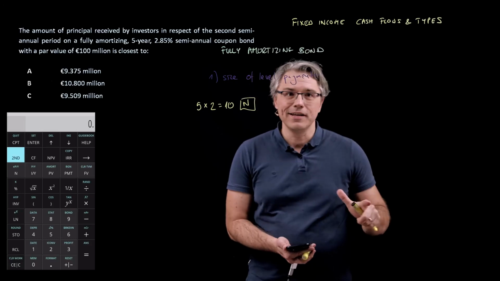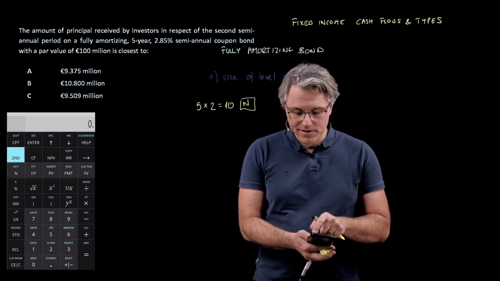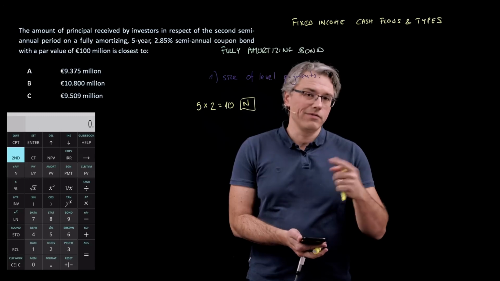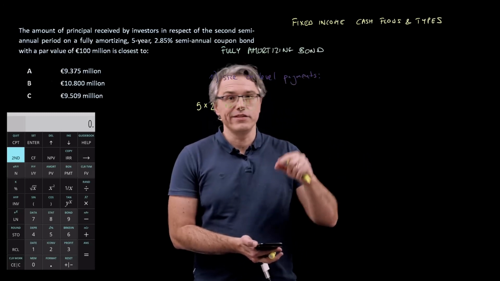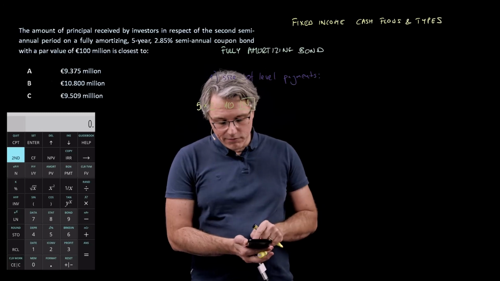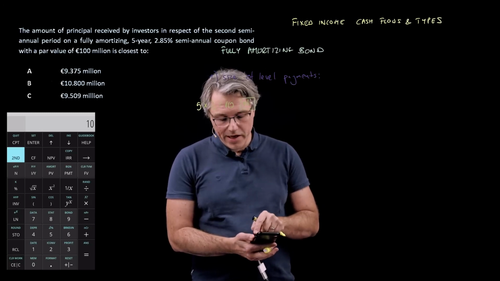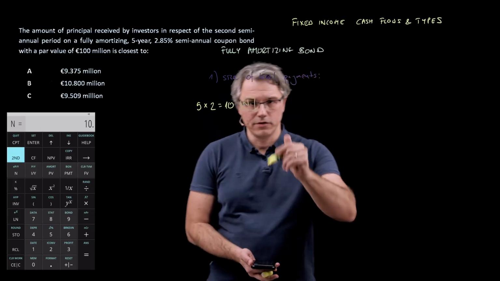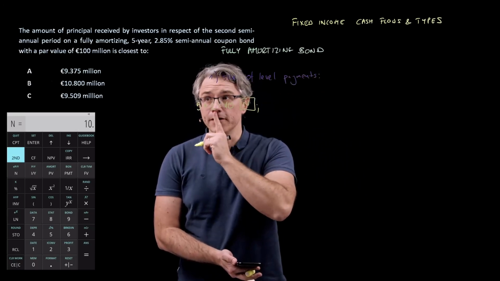That's always good practice. So press second followed by the FV key, which has CLR TVM as its secondary function. Now input 10 followed by n. Your calculator now understands this is the input for the number of periods.